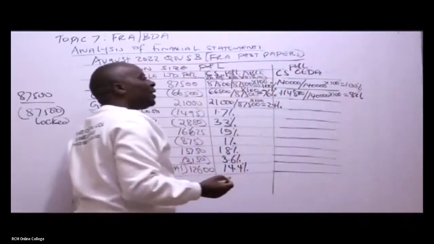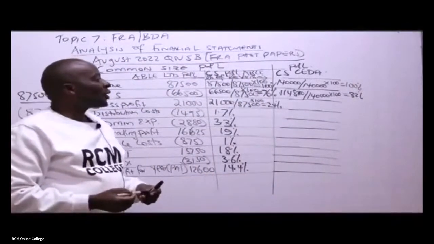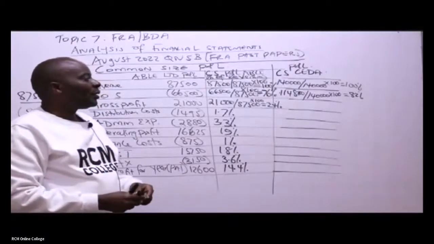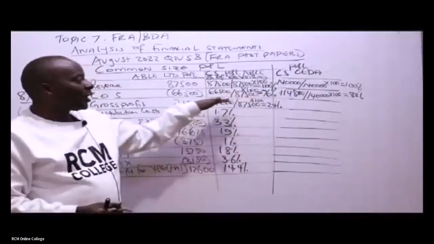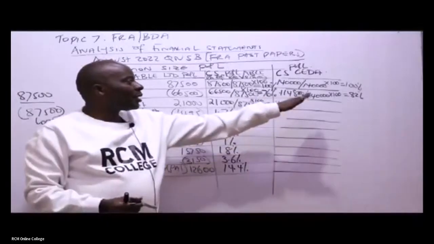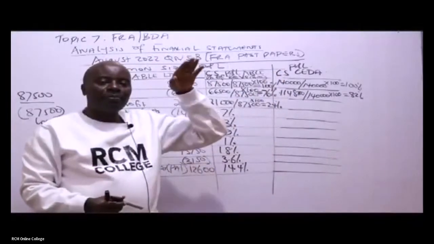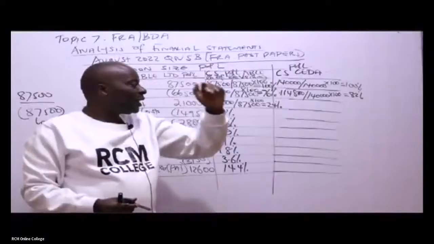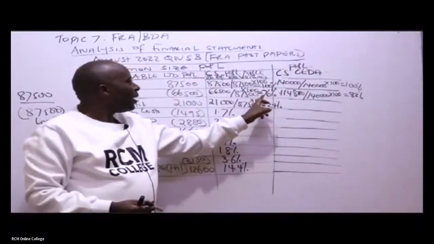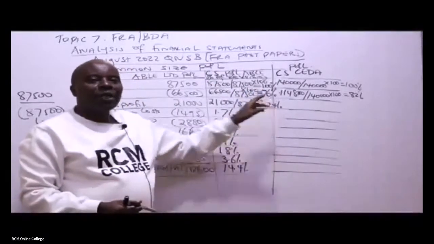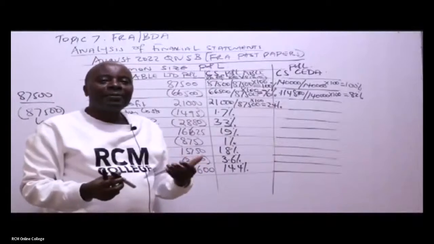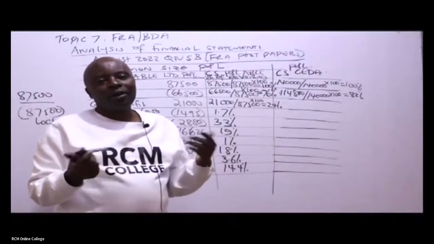Now you can see in this case, in terms of the cost of sales, using the common size, the cost of sales for CEDA is higher. It's at 82%, and therefore ABLE is at 76%. So I need to ask myself, how come CEDA has a higher cost of sales?